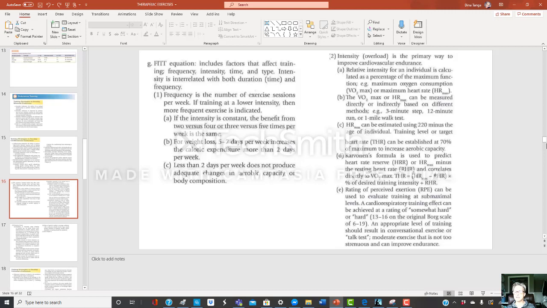Karvonen's formula is used to predict heart rate reserve, or heart rate max minus the resting heart rate, and correlates directly to VO2 max.